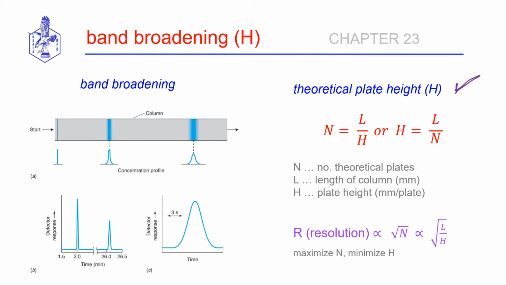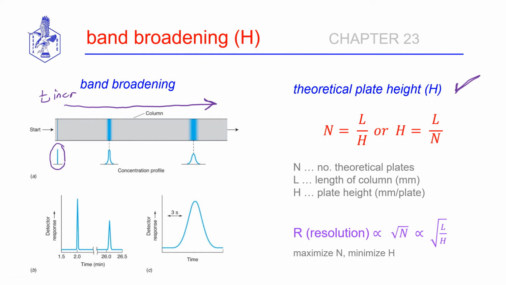The illustration on the left shows you what happens to the peak over time. So when we start, you inject your sample and all of the molecules of a particular kind are starting off at the same place at the same time. The longer those molecules spend on the column, increasing time as we move down the column, diffusion occurs.